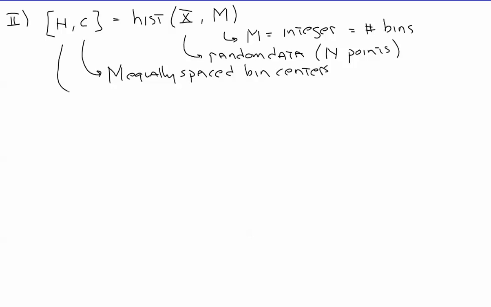And capital H is my histogram. It's the sorted data, and of course, this is m points long. And likewise, I get m equally spaced bin centers.